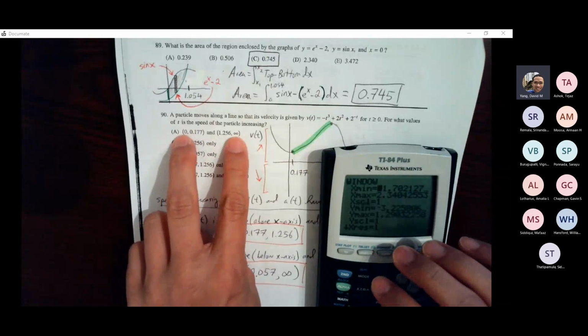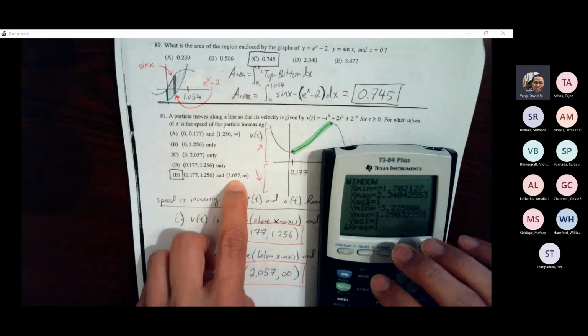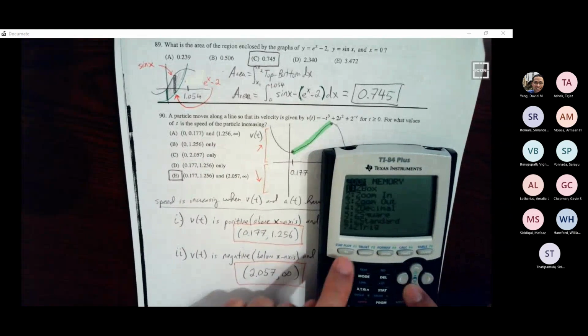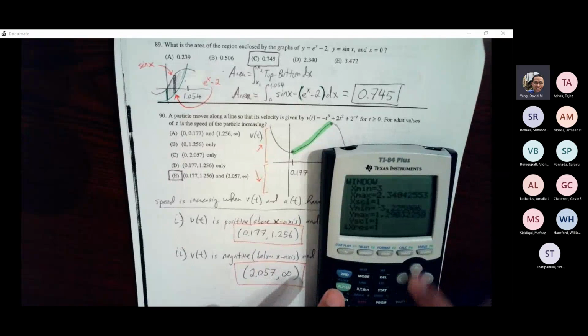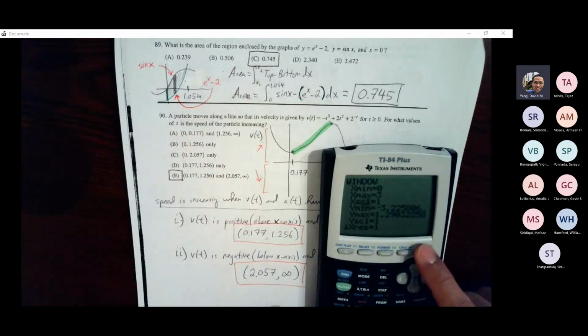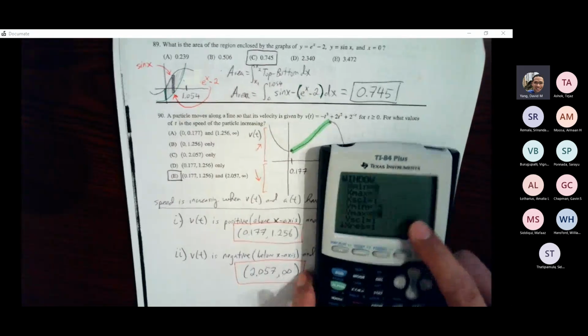Look at all my values here. It looks like it's hovering between 0 and 2.057. So if I just go from 0 to 3, I can have an idea that I'm not going to be zoomed in too far in or out if I'm just around the edges of my answer choices. And then for Ymin, Ymax, let's just say from -5 to 5, we can always adjust those values later.